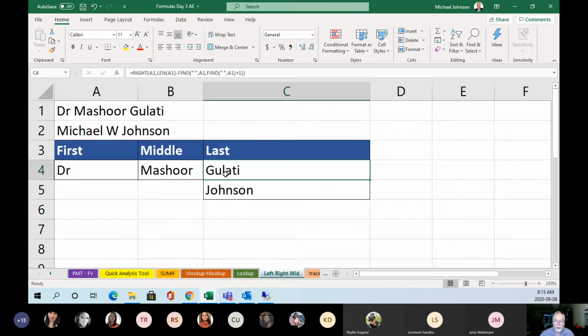And this is what I indicated before when I suggested that you can have formulas inside of formulas inside of formulas. Here I have several formulas nested inside of one another. There's really only one formula here.